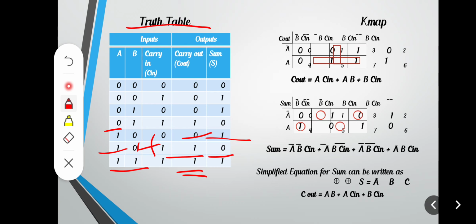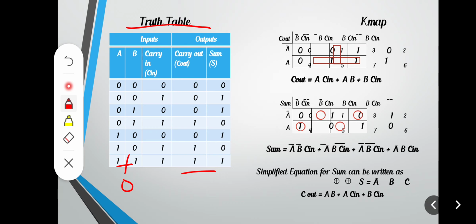And then finally in the eighth row, 1 plus 1 is equal to 0 with 1 as a carry, and then 0 plus 0 is equal to 0.